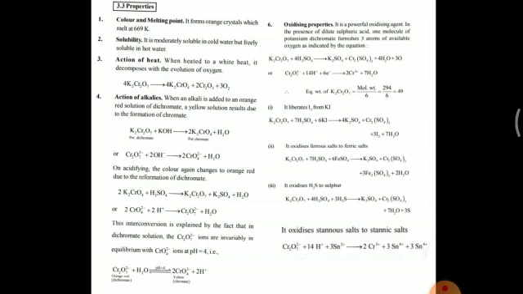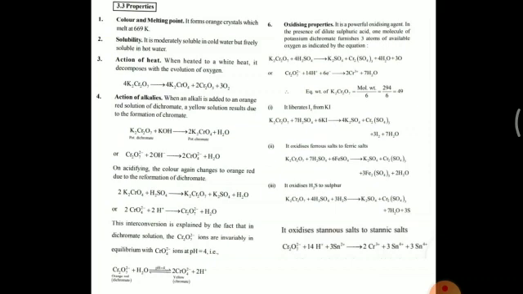So next property is oxidizing property. Potassium dichromate is a powerful oxidizing agent in the acid medium. That is, in the presence of dilute sulfuric acid, one molecule of potassium dichromate provides 3 nascent oxygen atoms required for oxidation.